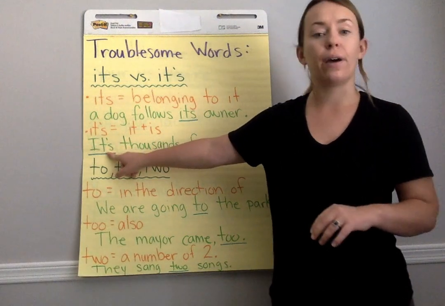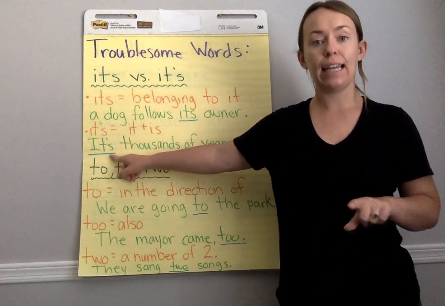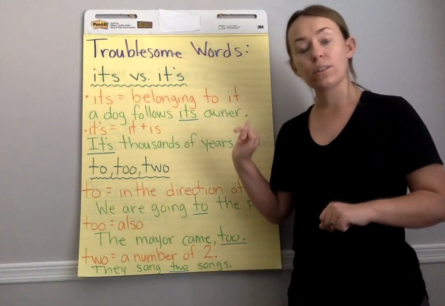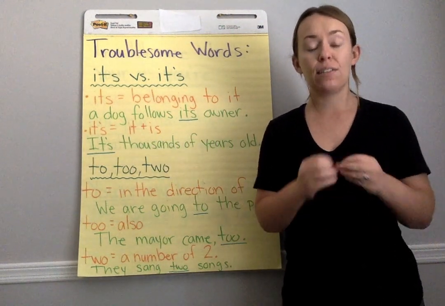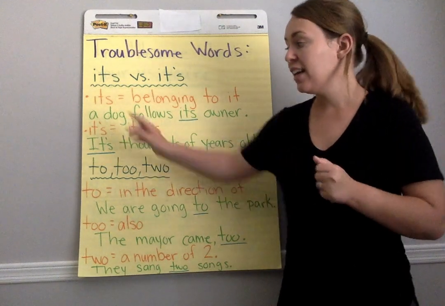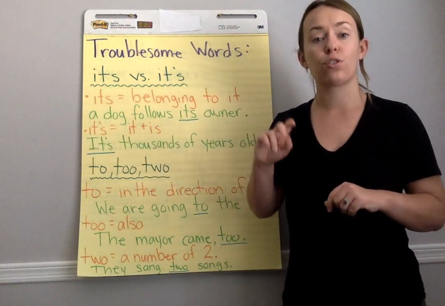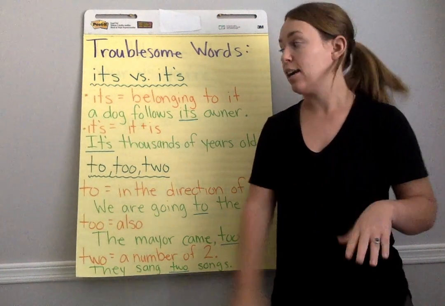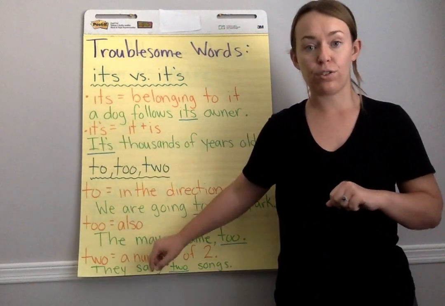Now, looking at this one, here's the contraction, it's. It's thousands of years old. Well, let's see if it makes sense if I break that contraction apart. It is thousands of years old. That one makes the most sense, so I'm going to keep the contraction it's with the apostrophe, okay?